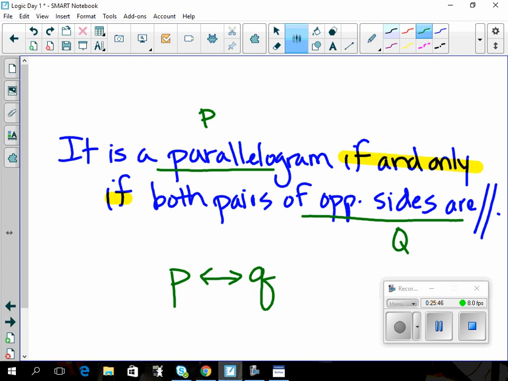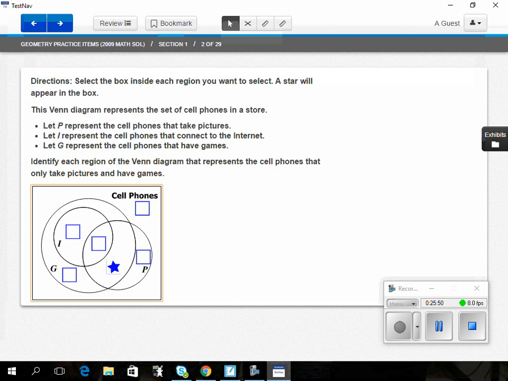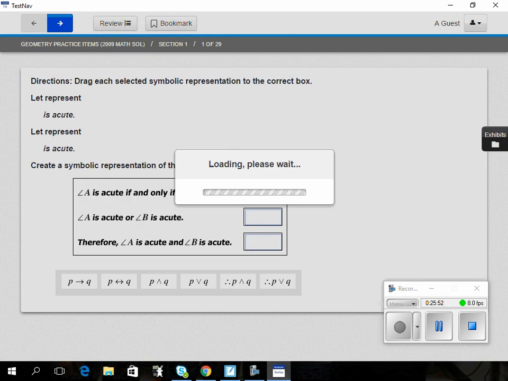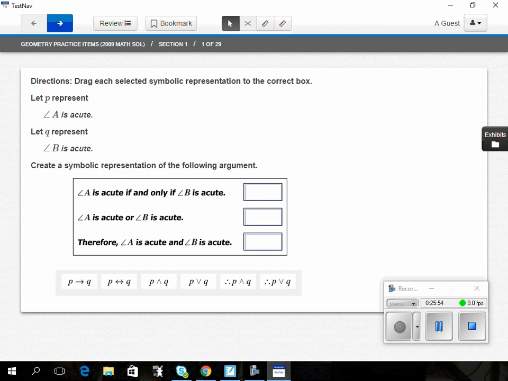In TestNav, real quick, before we get to the Venn diagrams part, let's go back to the first question that had the symbols. When I look at this question, it's asking me to drag and drop these symbols in the right spot, so I want to make sure I'm doing that.